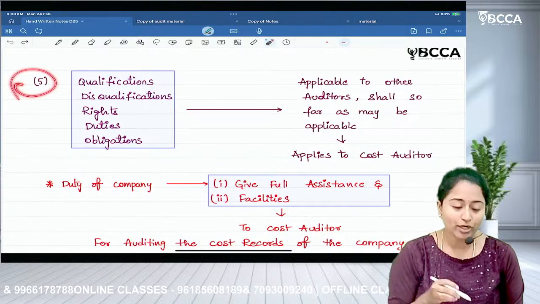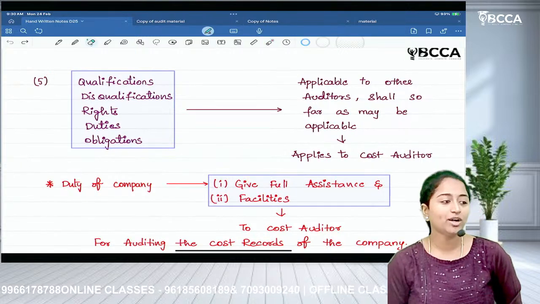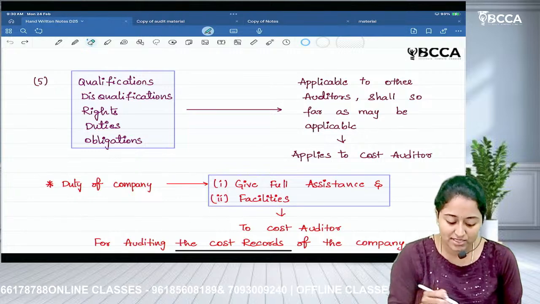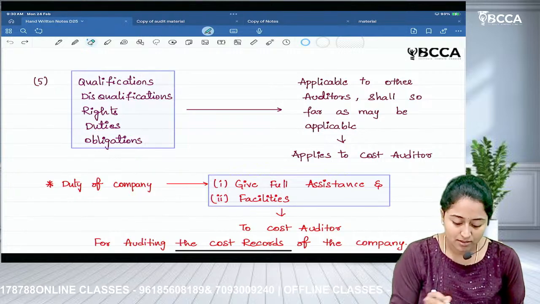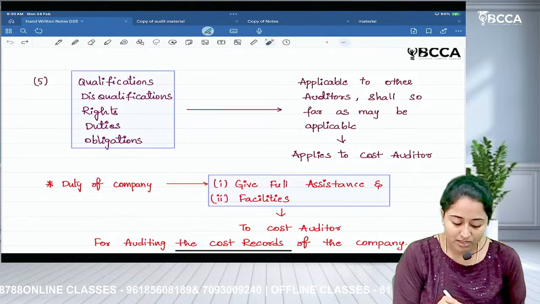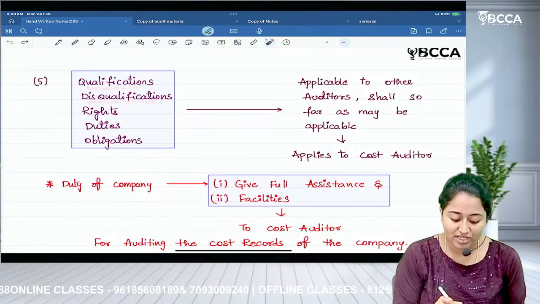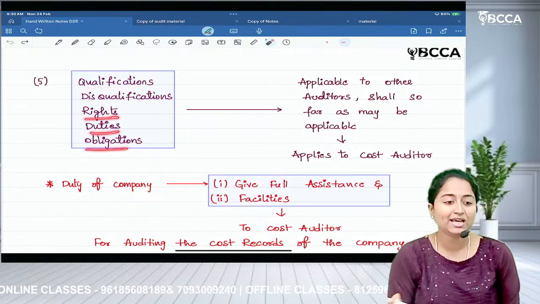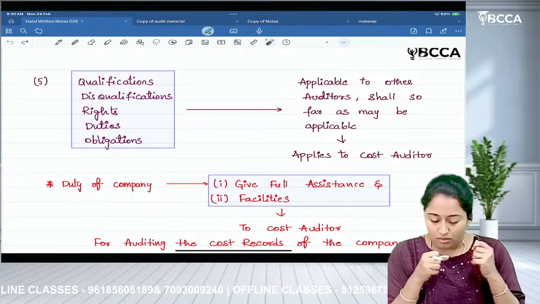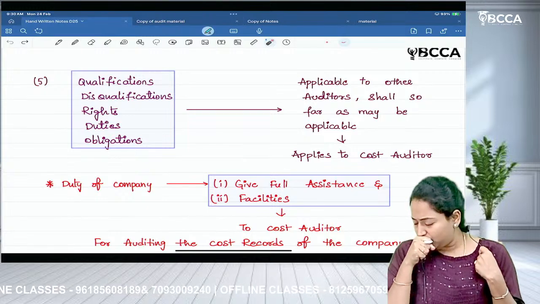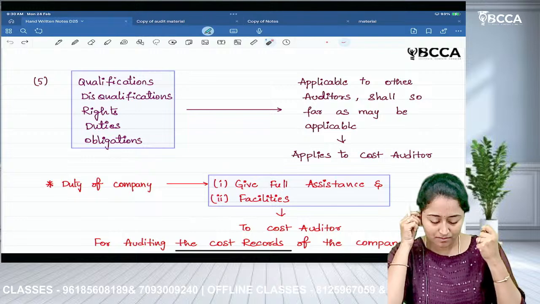Now, 148 subsection 5. What is this 148 subsection 5? Qualifications, disqualifications, rights, duties and obligations.